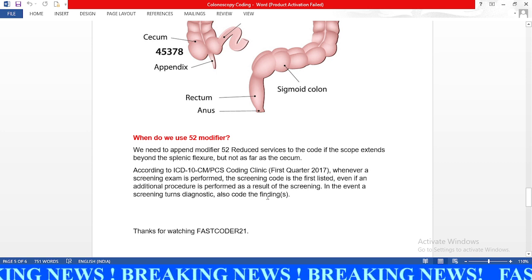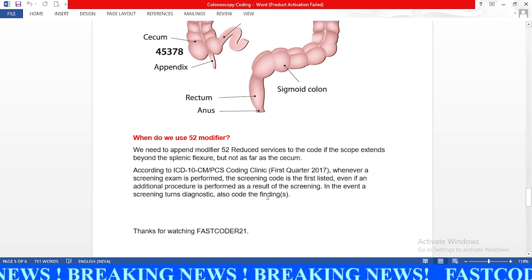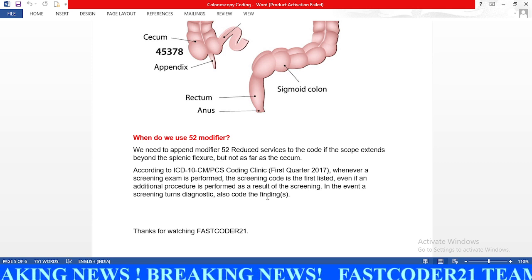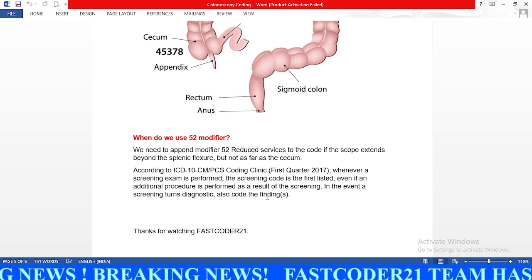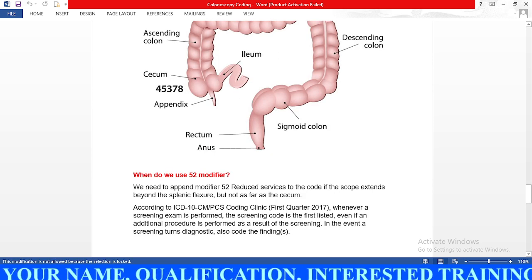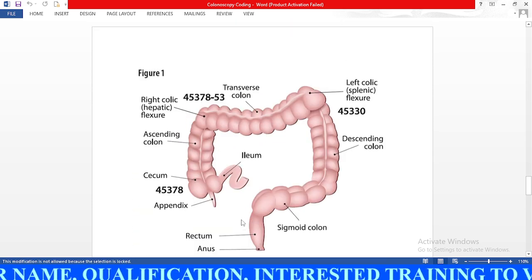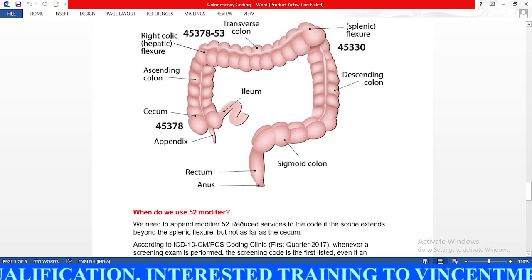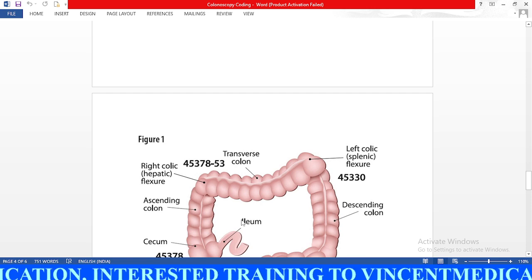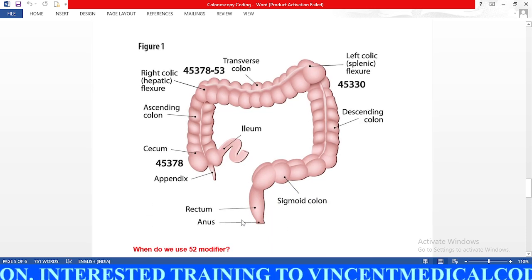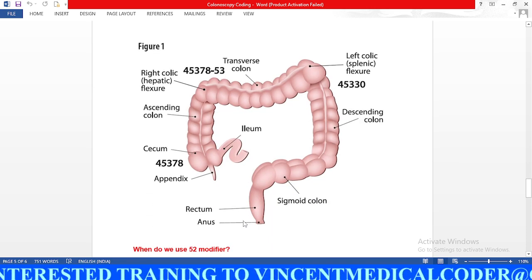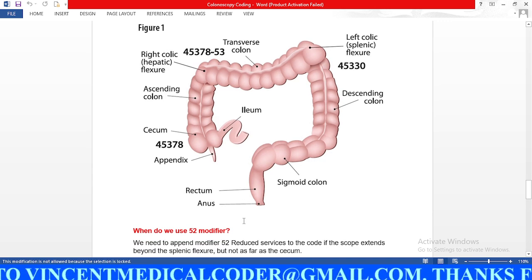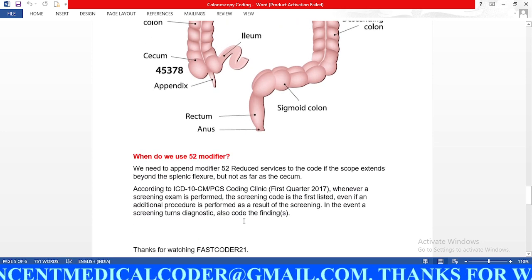So if the physician performs a screening and it turns into diagnostic, we need to code the screening code as well as the diagnostic findings. Basically, we will use the 52 modifier if the colonoscope does not reach the cecum. We will use the 53 modifier if the physician is unable to insert the colonoscope due to poor bowel prep or other situations.